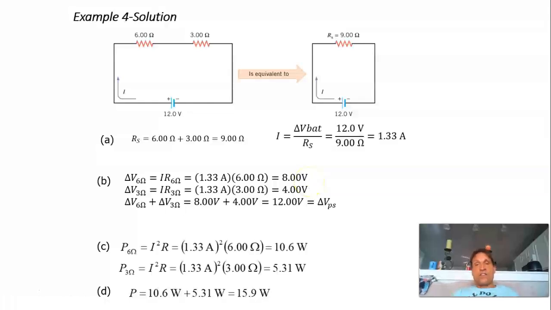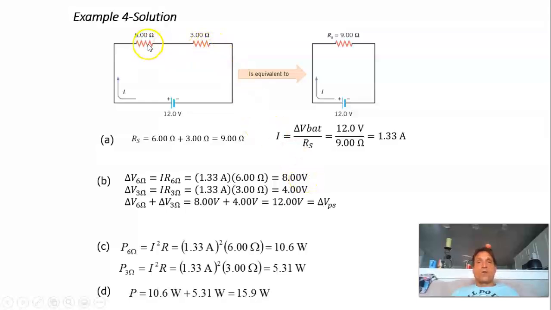Now on homeworks, and especially on exams, here's where you need to check your answers, and you should know right after whether your answer is right or wrong. So let's check. We're losing 8 volts across the 6 ohm resistor and 4 volts across the 3 ohm resistor.